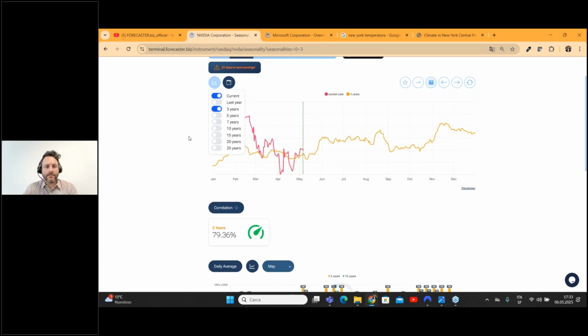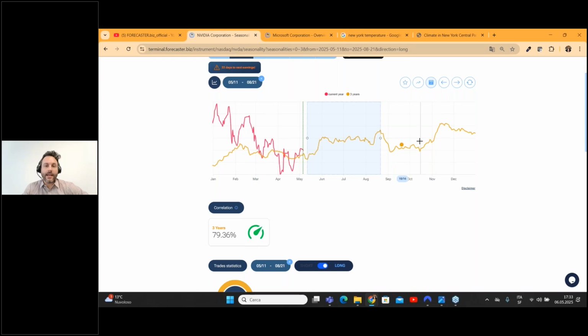And in this case, we can see that the current prices are moving exactly like they did in the past, like they did on average in the last 3 years, okay? So we can definitely expect something like what happened in the past, okay?